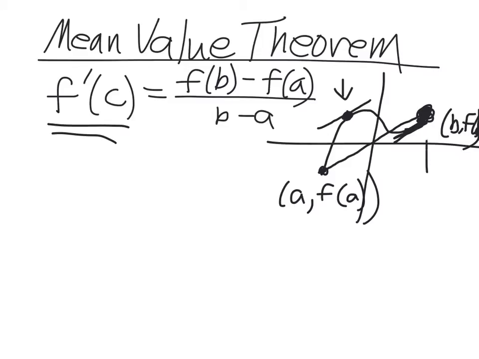This side gets a little too ugly. It's a good thing I don't teach art. But anyway, you can see visually they look like parallel lines. Parallel lines have the same slope. The slope of the tangent line at this point C will be equal to the slope of the line through the two endpoints.